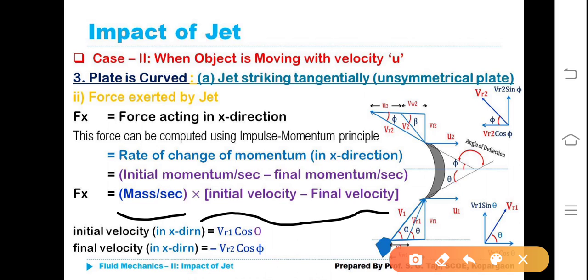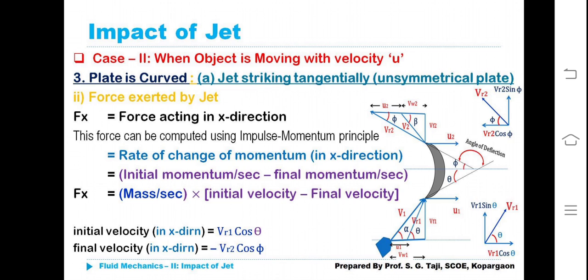From the velocity triangle diagram here, it is very clear. Initial velocity in x direction is equal to Vr1 cos theta, and final velocity in the x direction is equal to minus Vr2 cos phi, because it is acting opposite to the direction of motion. It is very clear, right?